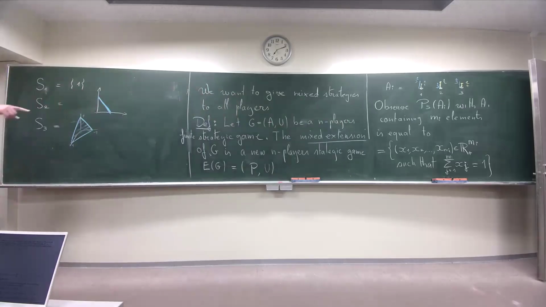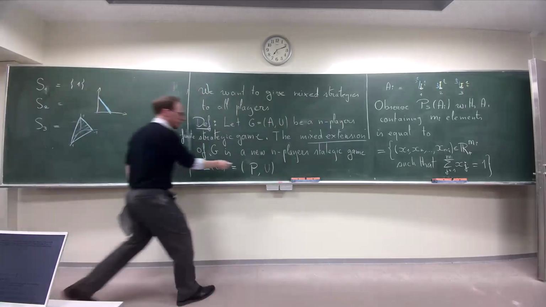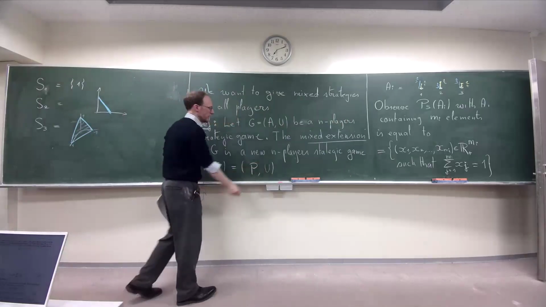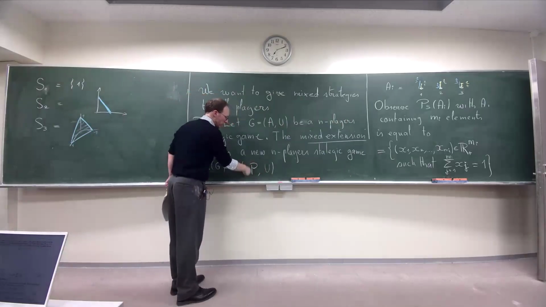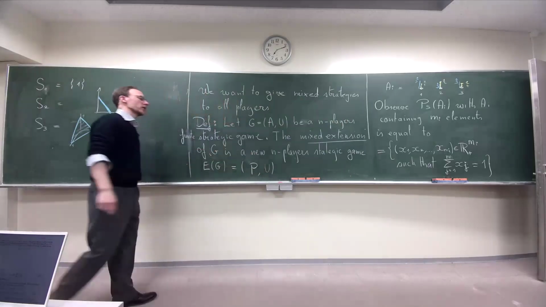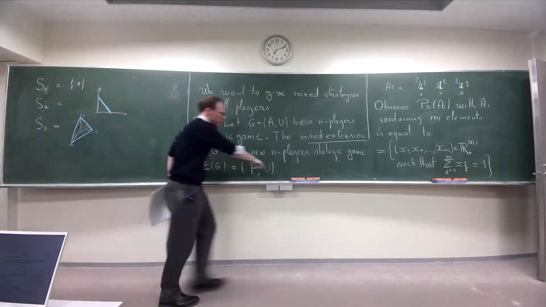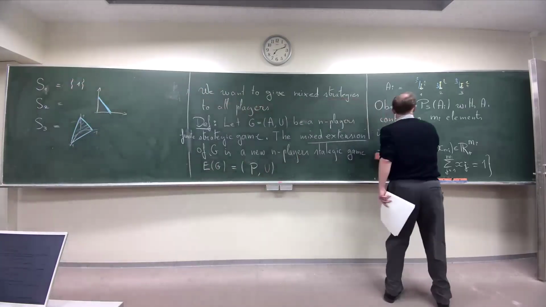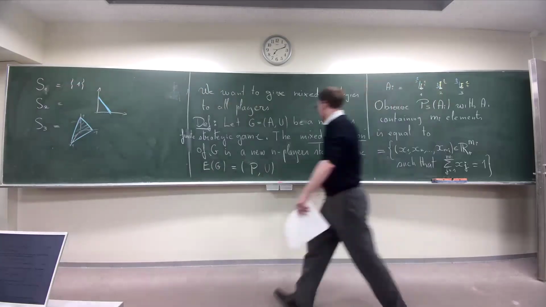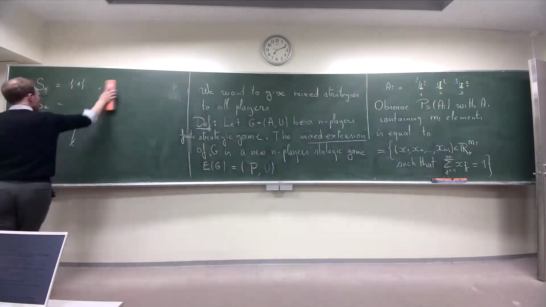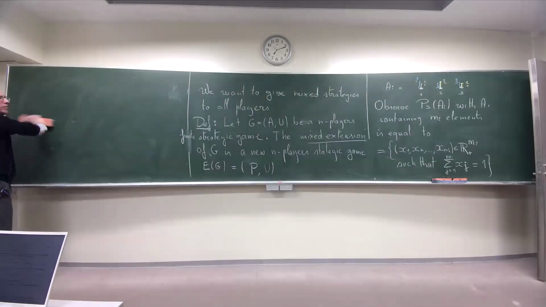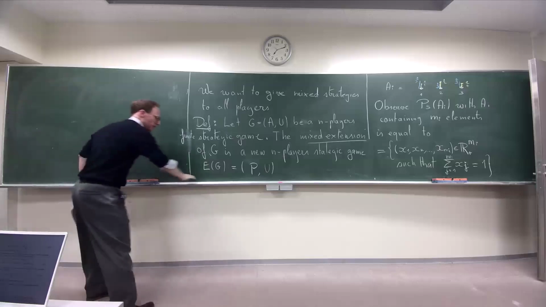So it's going to be a set P, and this is going to be the set of all strategy profiles, and U is going to be a payoff function, but I have to describe it now. Okay, maybe I go here simply because I want to keep this picture for a second.